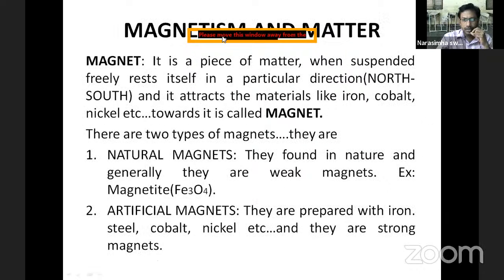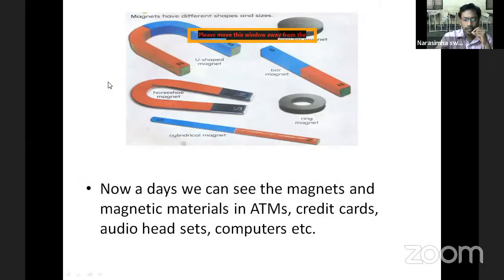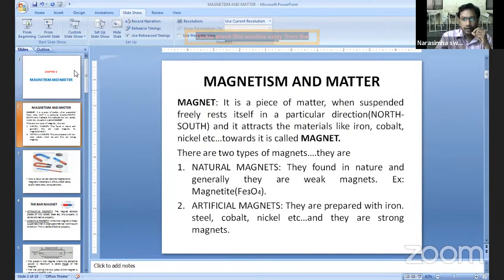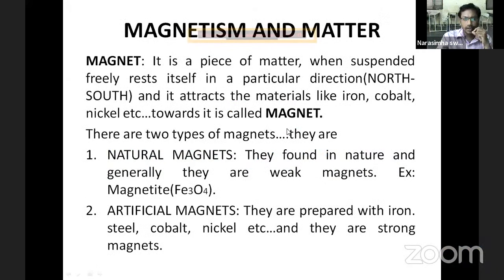It is a piece of matter which, when suspended freely, comes to its original position, particularly in the north and south direction, and it attracts materials like iron, cobalt, nickel, etc. towards it. It is called a magnet.